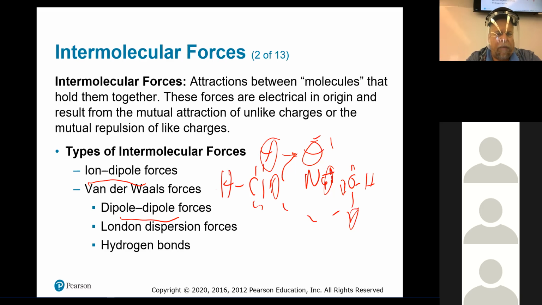The positive part is over here. So these will interact together to form the hydrogen chloride liquid. Each will interact with another one next to it, and you get dipole-dipole interactions occurring between both.